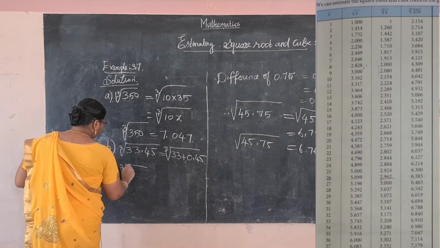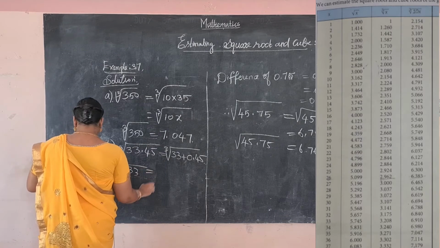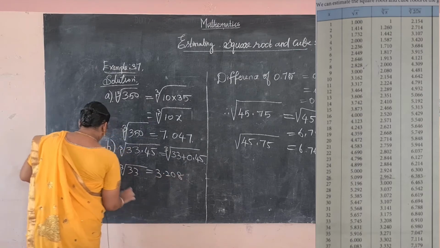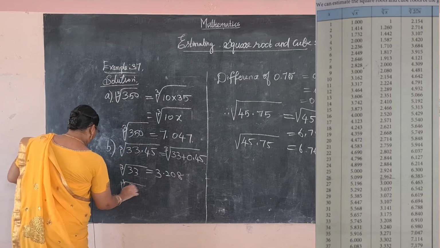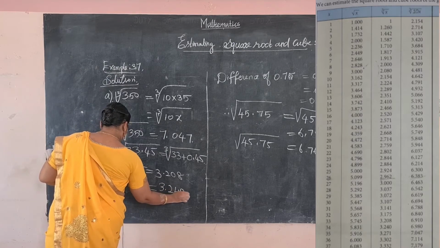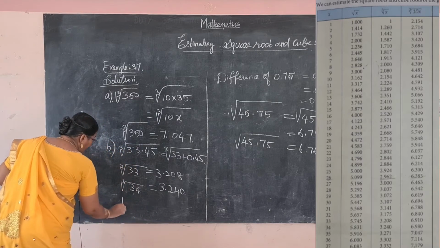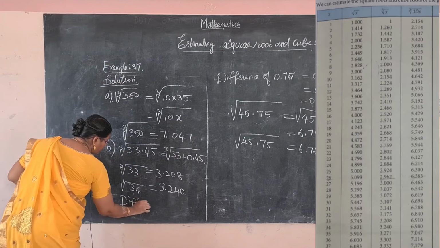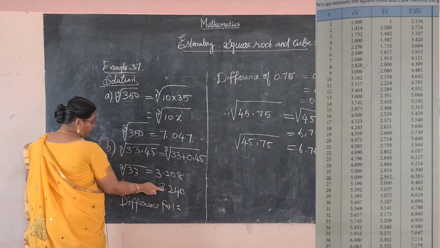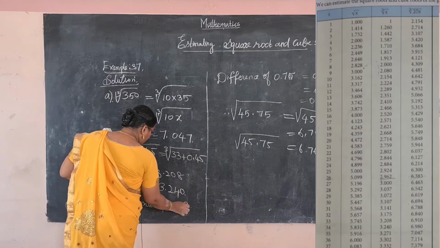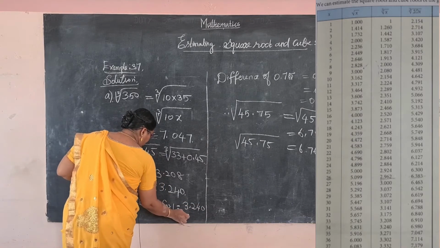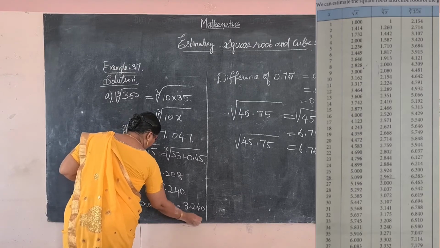From the table, the cube root of 33 is equal to 3.208, and the cube root of 34 is equal to 3.240. Now find the difference: 3.240 minus 3.208.